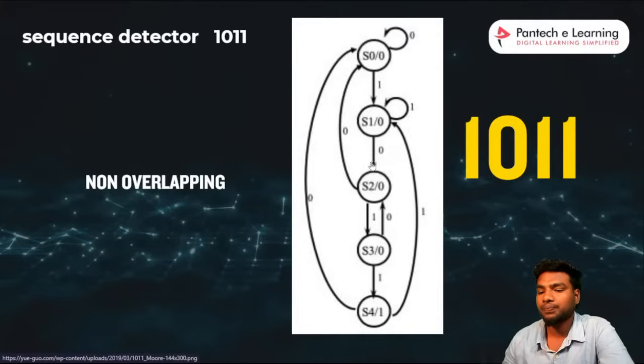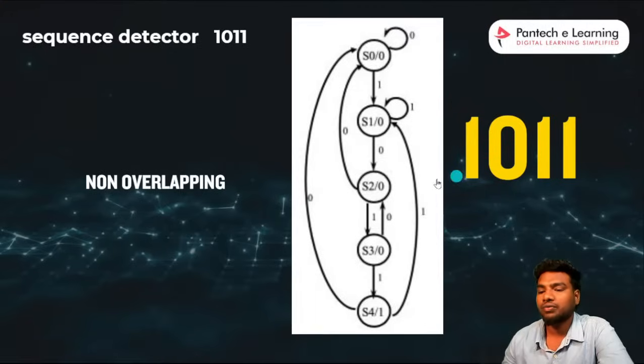Why? Because there is no chance to resume our detection. If you take this example, a 1 means it will stay in the same state, because there is another chance in the S2 state to get the 0. Our detection is 1 0 1 1. Here it already has the 1. In the second state, if it has 0, it can go to 0.